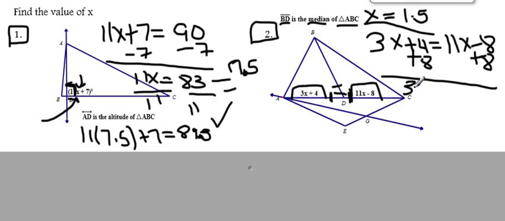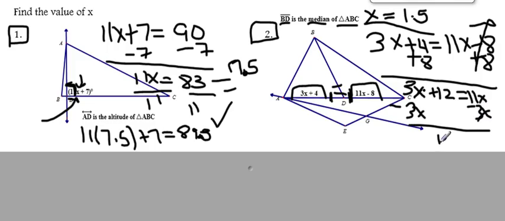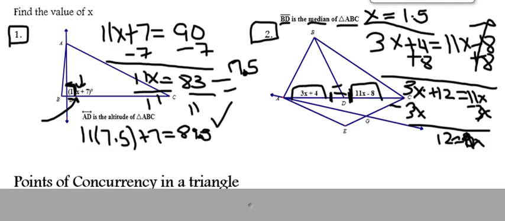I'm left with 3x plus 12 equals 11x. Then I'm going to subtract 3x from both sides. So I get 12 equals 11x. Or sorry, 12 equals 8x. And divide by 8 on both sides. And we do get a decimal of 1.5.